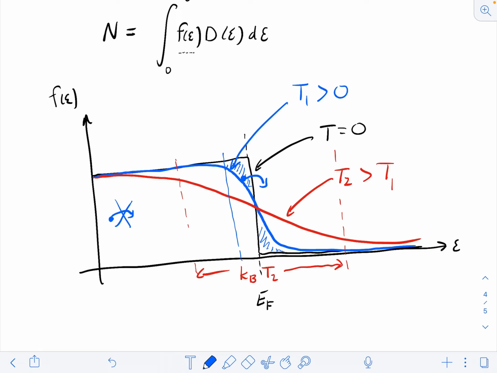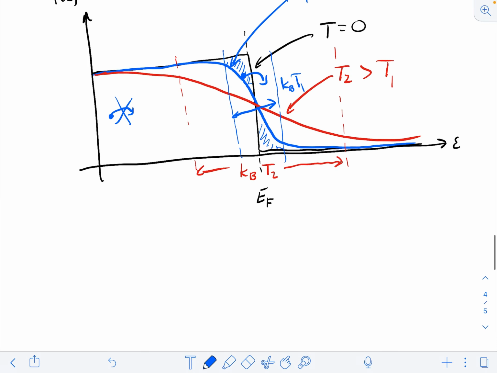And that temperature range for T1 is something like this. So kBT1 is the energy range that's relevant.